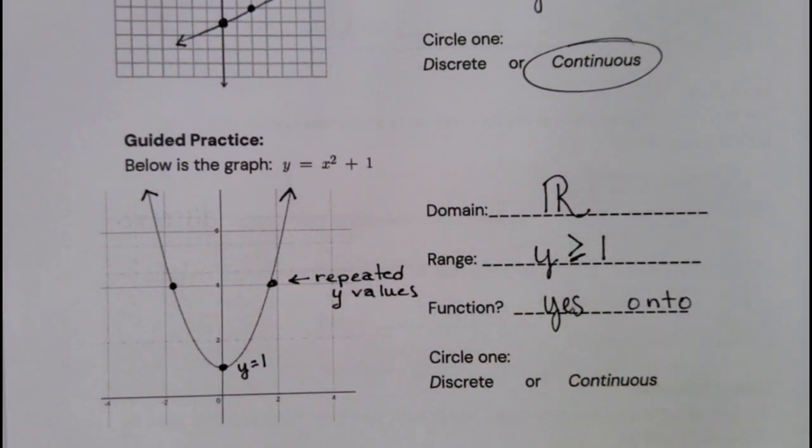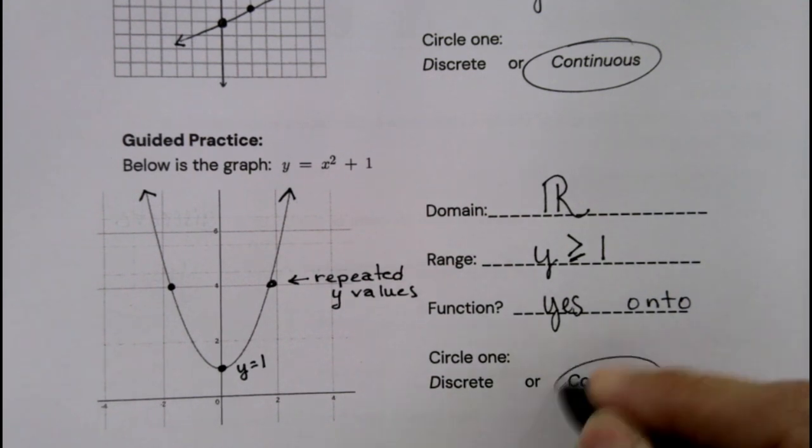So it can't be 1 to 1 because the y's get repeated. Discrete or continuous? Continuous because it is a curve. It's connected.